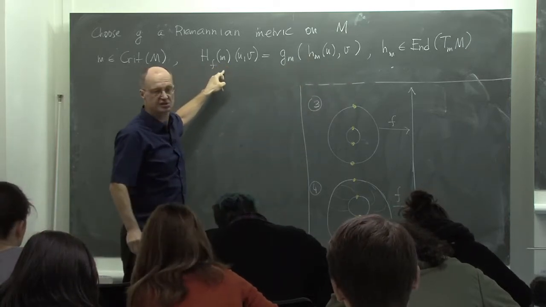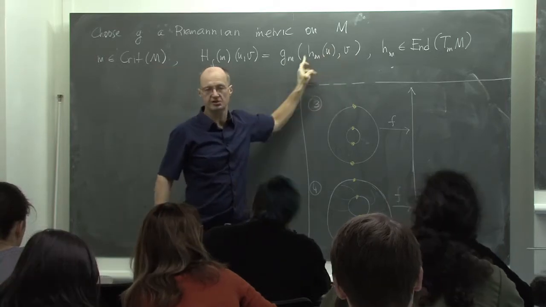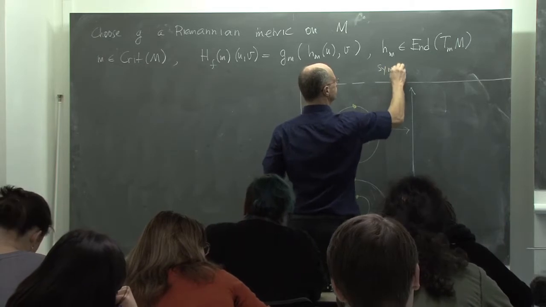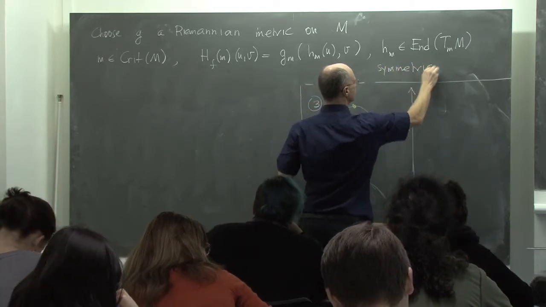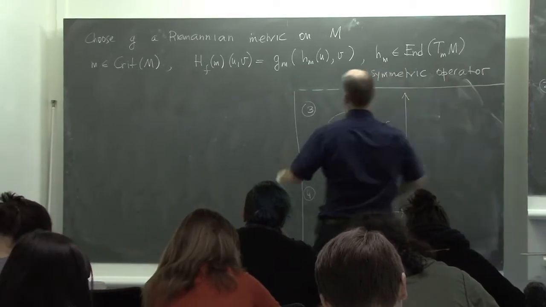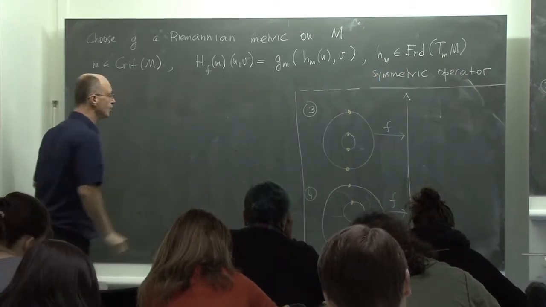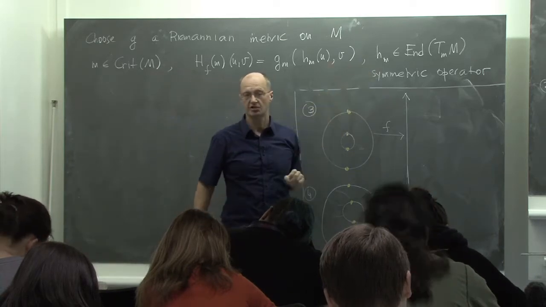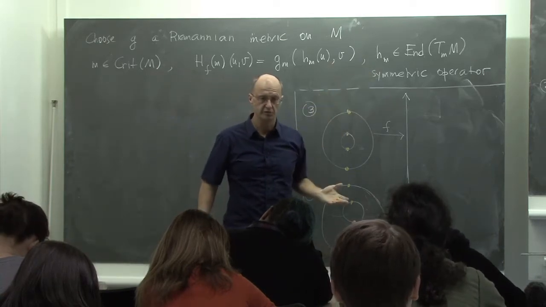Since the Hessian form is symmetric, this is going to be a symmetric operator with respect to this bilinear form. Well, as any symmetric operator, it's going to have real eigenvalues.